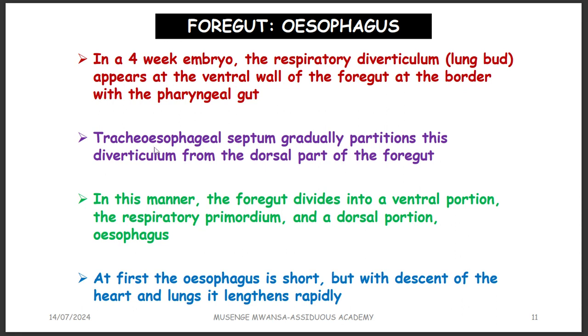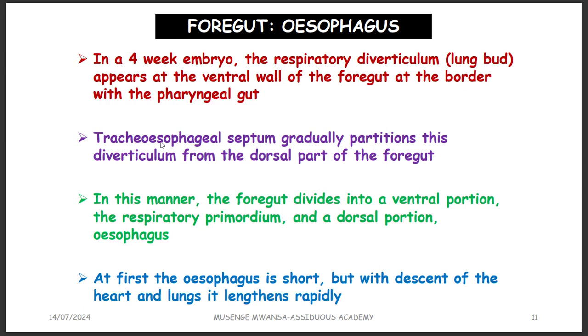And then tracheoesophageal septum is going to gradually partition the diverticulum from the dorsal part of the foregut. So we add this diverticulum, the lung bud, in the foregut. But then you are going to have this tracheoesophageal. You know the esophagus and the trachea are separated from each other. But initially these guys were not separated. Like the respiratory system is developing from part of the GIT on those buds.